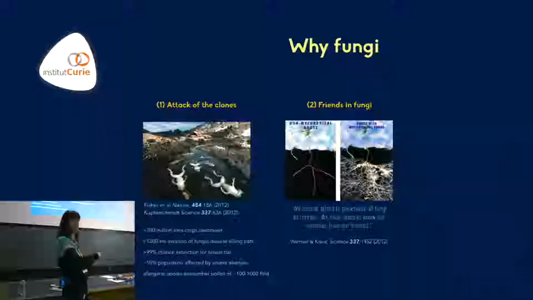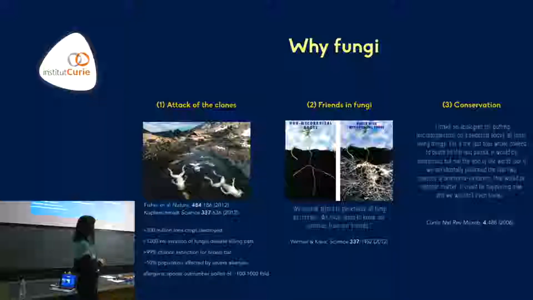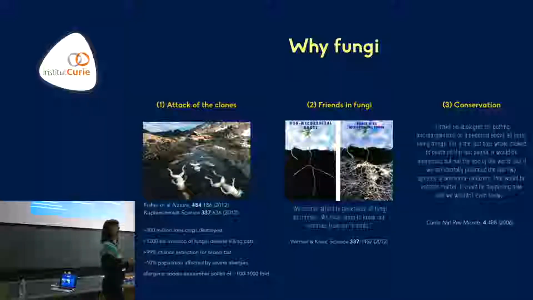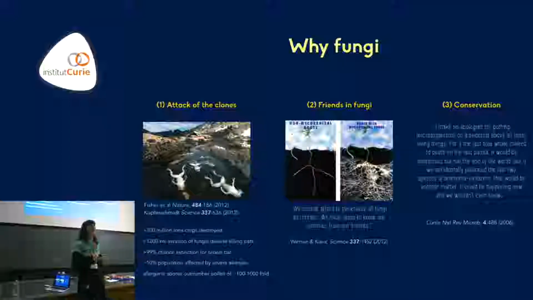They are not photosynthetic, so they need carbon. Okay, a less obvious thing that I want to mention is that because fungi are essential, we really should be able to make a kind of list about what are the fungi that need to be preserved.